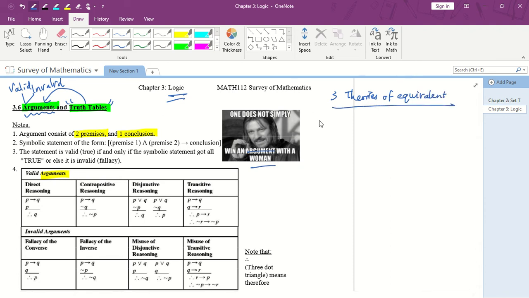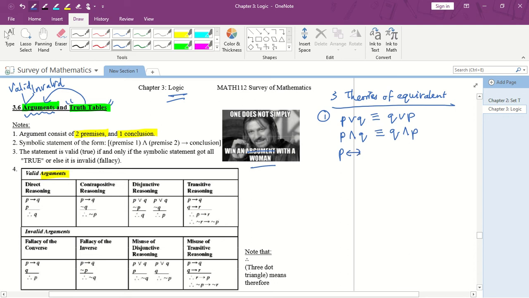The first thing we learned is that P or Q is equivalent to Q or P, P and Q is equivalent to Q and P, and P biconditional Q is equivalent to Q biconditional P.